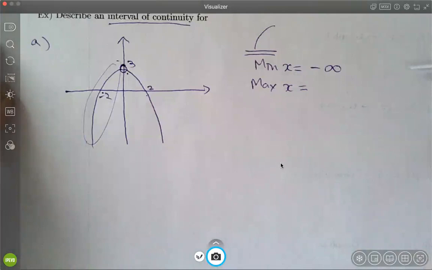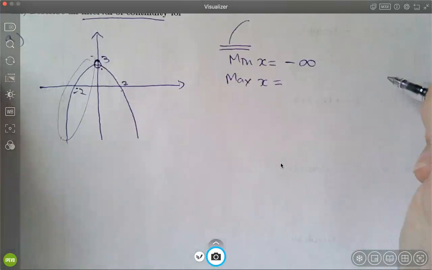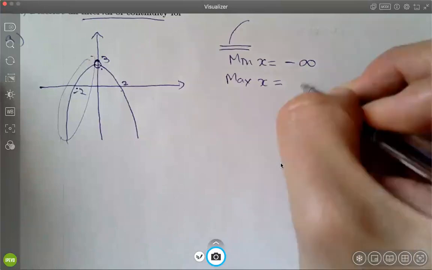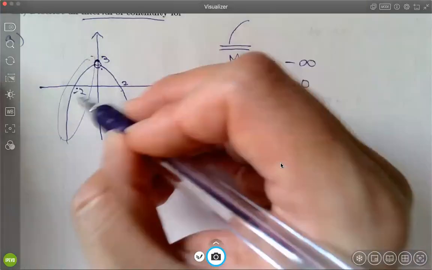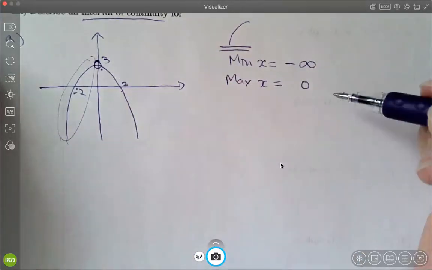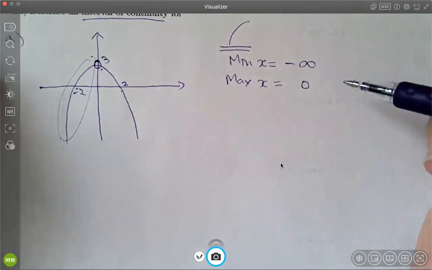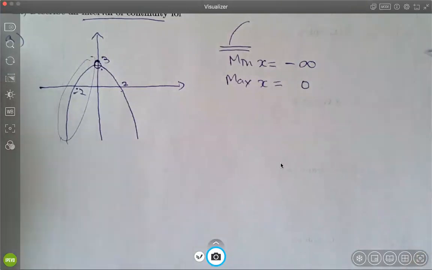And what is the maximum x? 3. Be careful, x value. 3 is what? So 0. Yes. So why did I give negative 2, 2, and 3? You know why. To trick you, right? So don't fall into those traps. We only look at the x values.